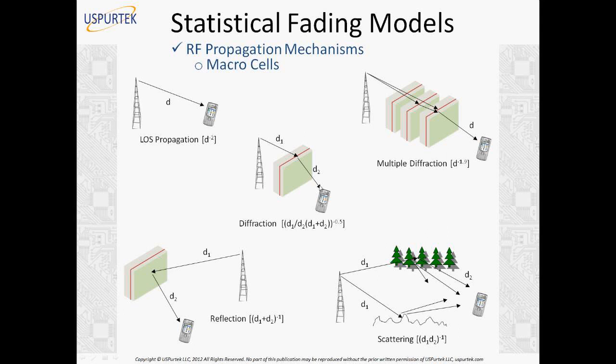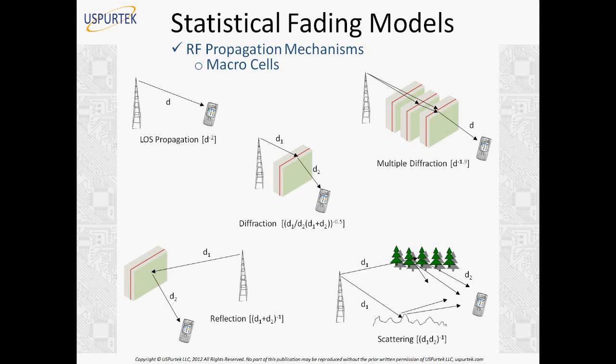If there was no diffraction, you would have no signal here, because you are in the shadow zone. The building is hiding the signal from you, but because of diffraction, you are receiving the signal. So the behavior is slightly different here. You are actually getting a diffraction gain.